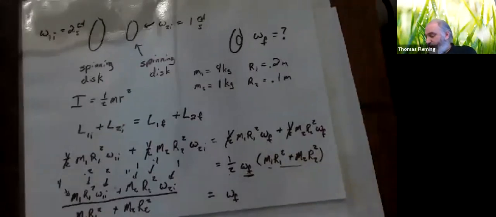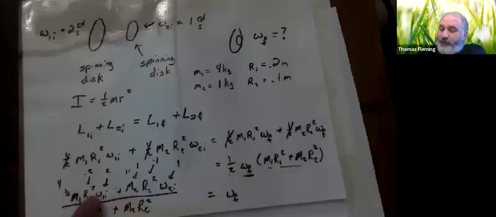So when I crunch all those numbers, I'm going to have 8 times 0.04. So this is 0.32 plus 0.01, so the entire numerator is 0.33.